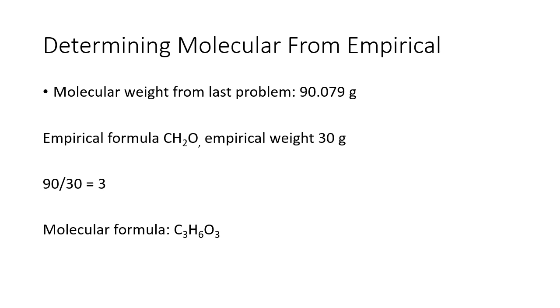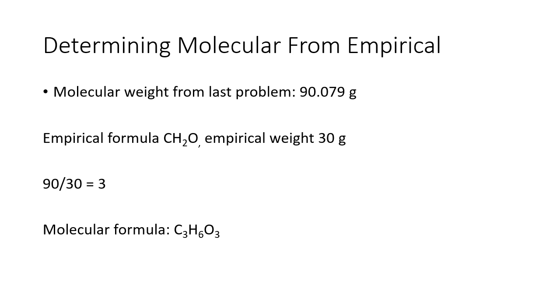If you take the molecular weight and divide it by the empirical formula weight, you will get the ratio that you need to use. So you need 3 times the weight in order to get to what you want. So you need 3 times everything in the formula in order to have the correct molecular formula.